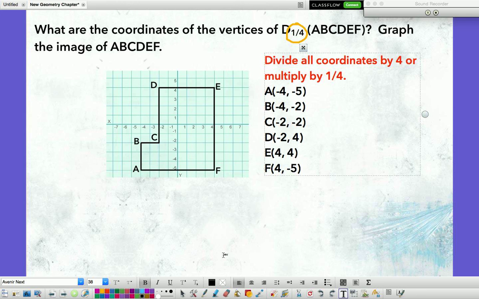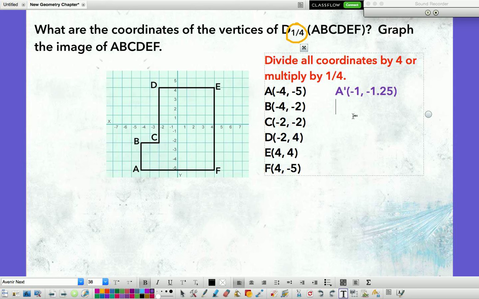Okay, now I know some of these are not going to be divisible by 4. Okay, but we're just going to have to do the best that we can. So A prime, -4 divided by 4 is -1. -5 divided by 4 is -1 and 1/4, or -1.25.